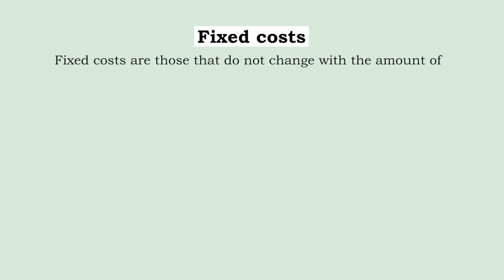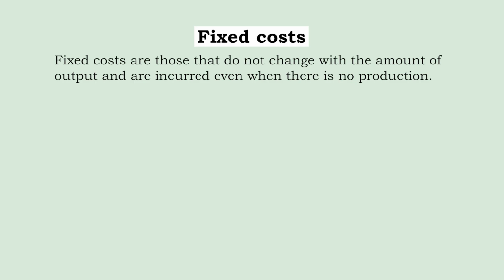Viewers, several kinds of costs are involved in even the simplest production process. First, fixed costs. These are those that do not change with the amount of output and are incurred even when there is no production.